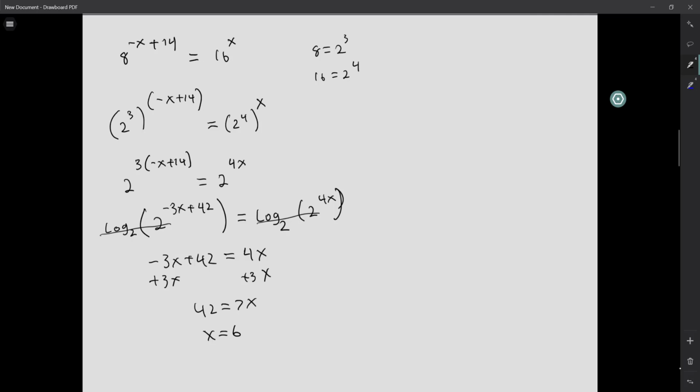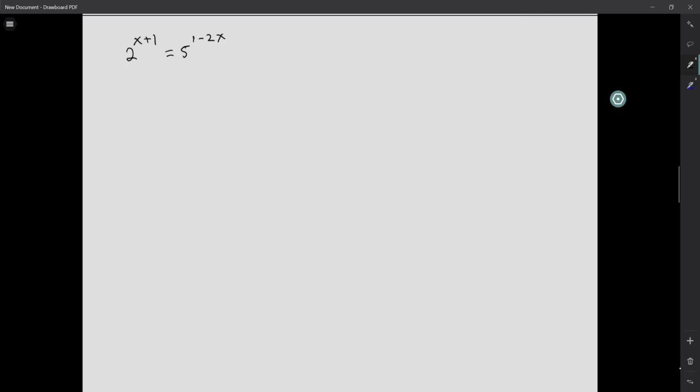What if we have different bases on each side, but we don't get to see that they're both a power of a common base, we'll say. So here I've got 2 to the x plus 1 equal to 5 to the 1 minus 2x. So I have options here.